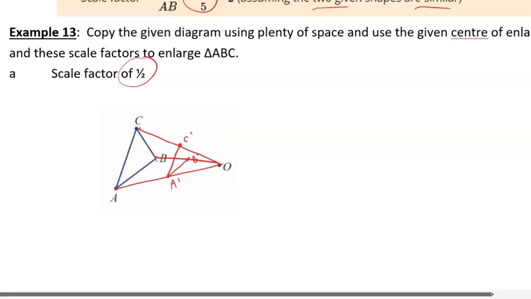So in my image, each of these corresponding sides, let's say CB, will be twice as much as C prime B prime. And that's what it looks like when you have a fraction as your scale factor.